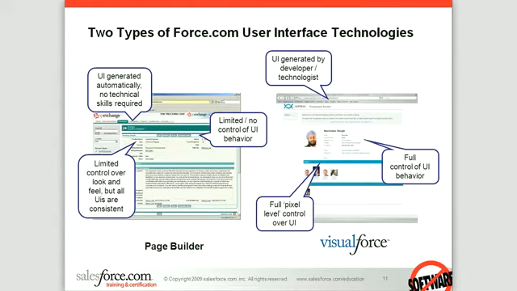You don't have the amount of control that you have on the right-hand side with visualforce. With visualforce, you have the ability to edit the underlying markup. So if you want to use your own style sheets and you want to use standard HTML and JavaScript in addition to the dynamic components that we supply you, you can do that.